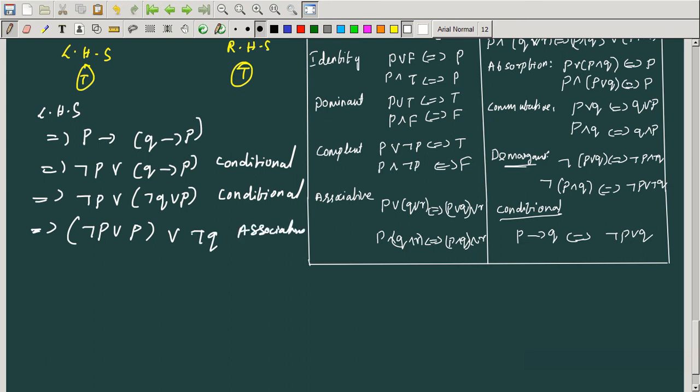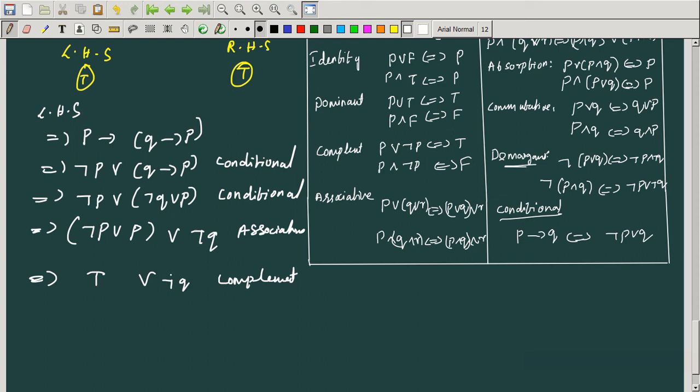After applying associative, as per the complement law, P or negation P is true, so true or negation Q. What does the dominance law say? P or true is true.